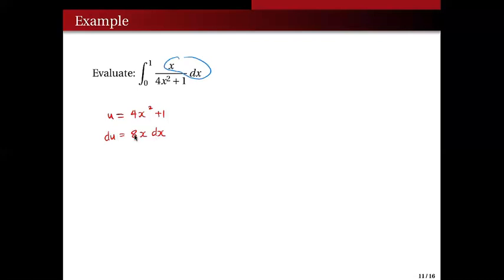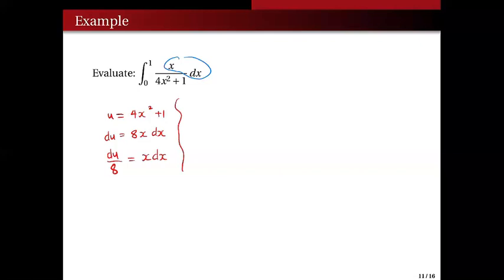So we bring this 8 to the other side. So this will be du over 8. This is equal to x dx. Now, this is a definite integral. We have to replace the limits. So like I said earlier, I will do complete substitution. I will change the limits of integration.